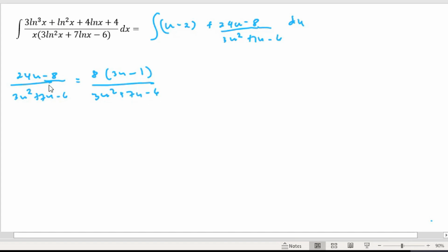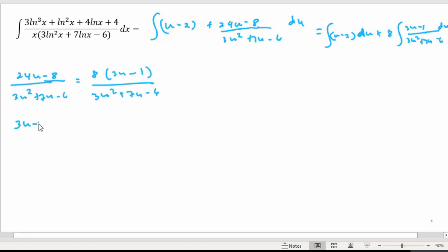Since I simplified the numerator, I can rewrite it here. We have the integral of u minus 2 du plus the common factor 8 times the integral of 3u minus 1 over 3u squared plus 7u minus 6 du. So I'm going to solve now for the new term.